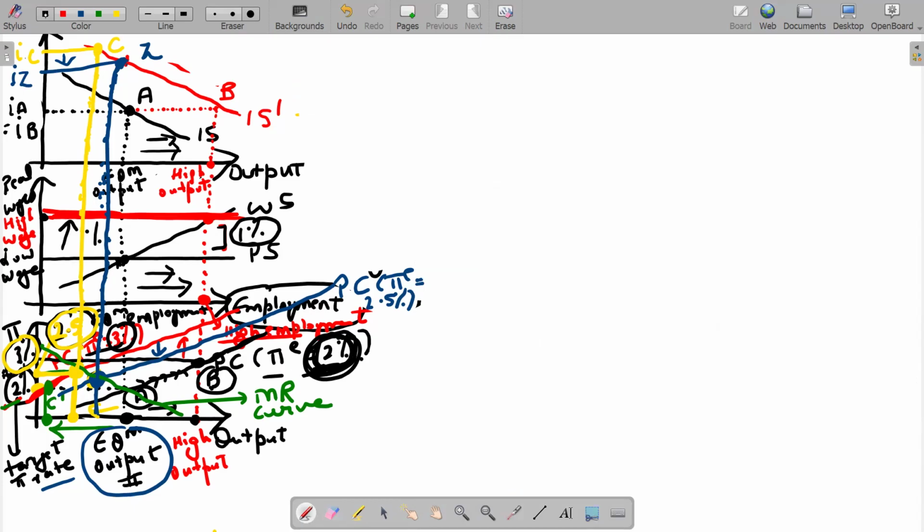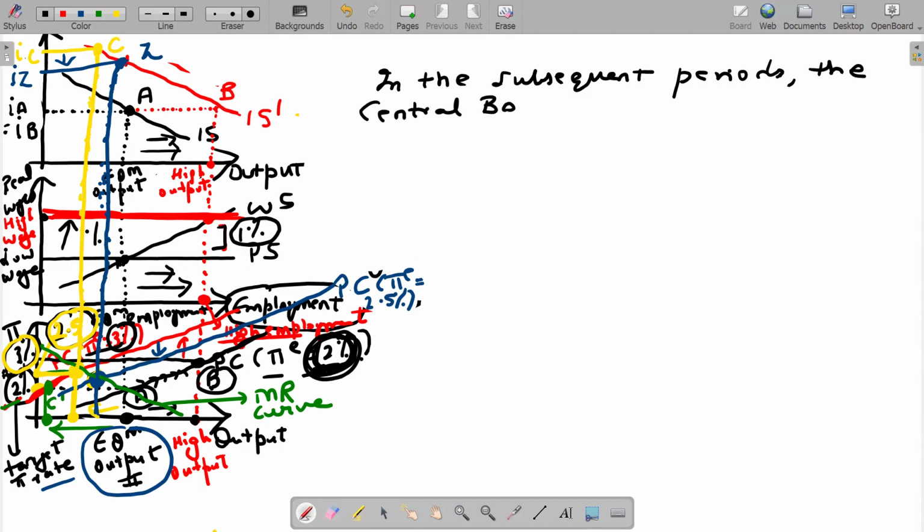I can write that in the subsequent periods, the central bank will continue to guide the economy.